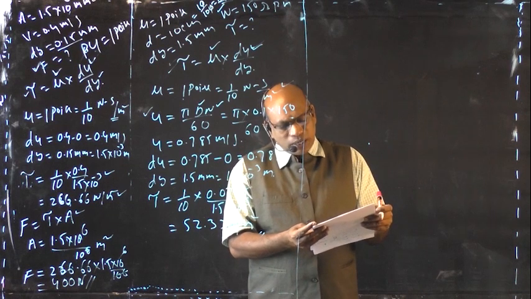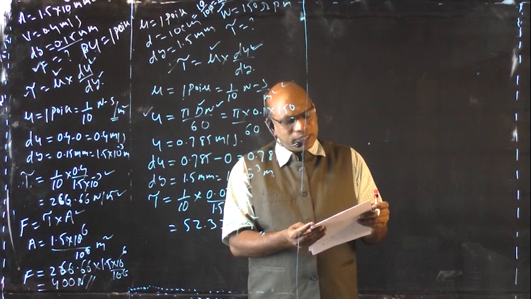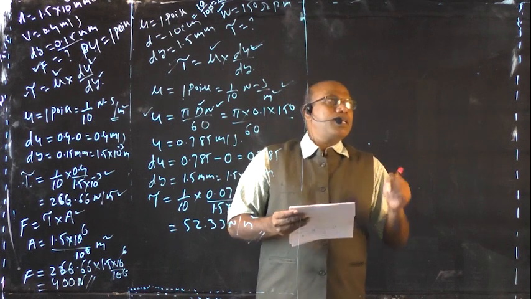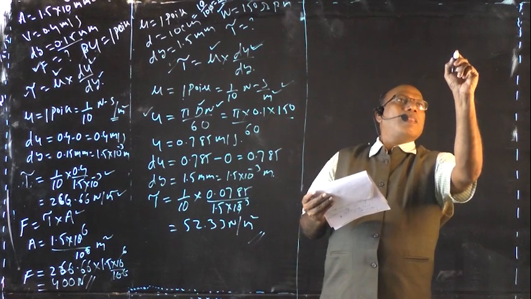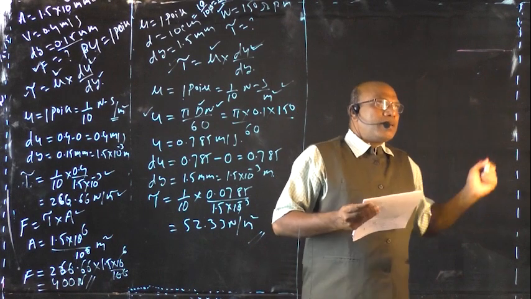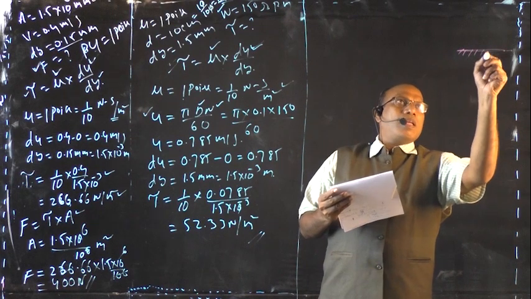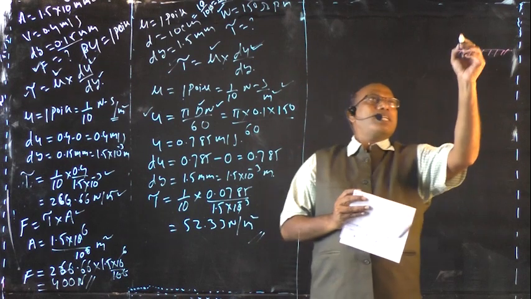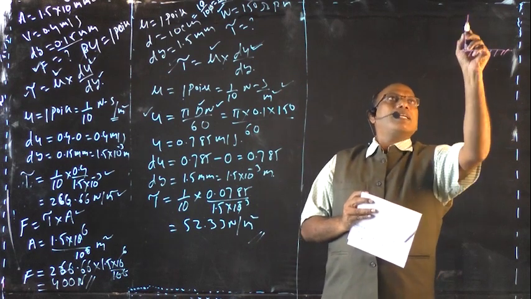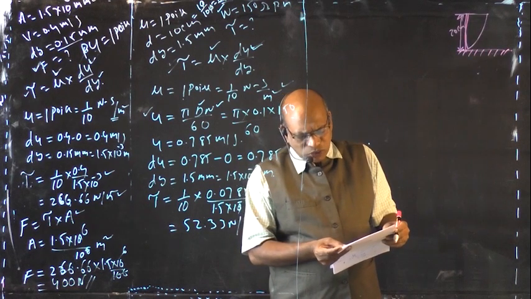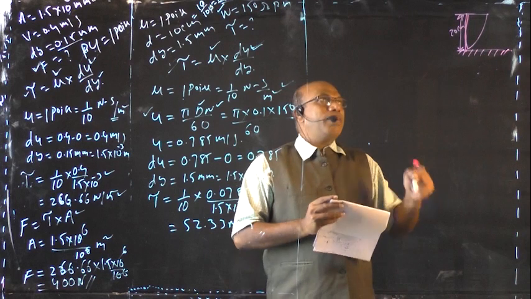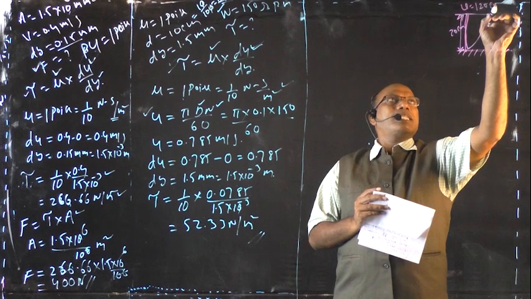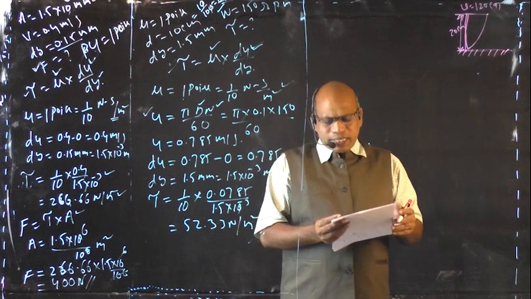If the velocity profile of fluid over a plate is parabolic with the vertex 20 centimeters from the plate, this is one plate, with the velocity at the vertex v equal to 120 centimeter per second.